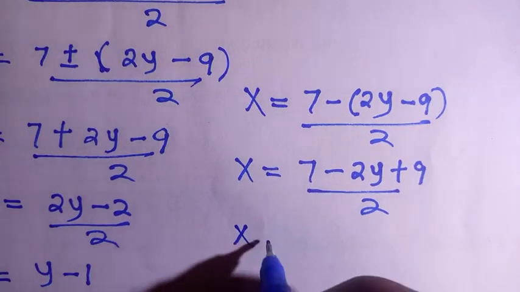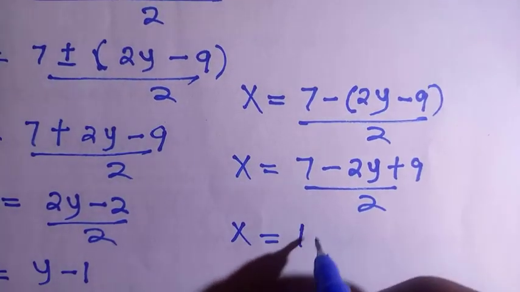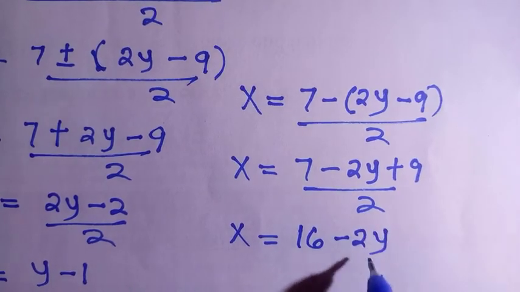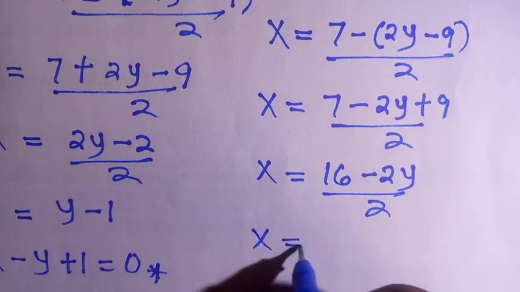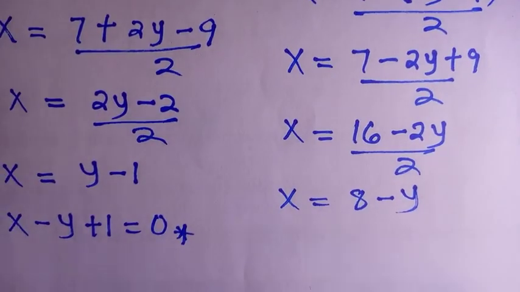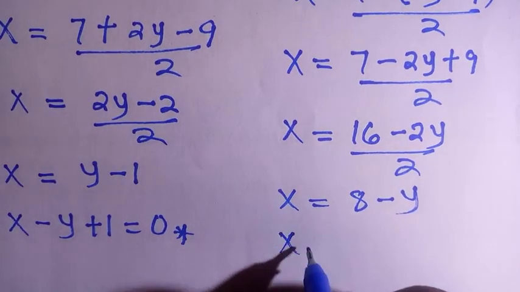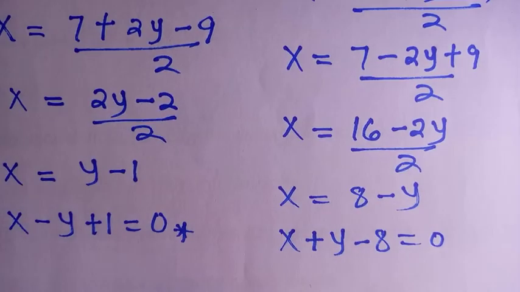So x equals 7 plus 9 here, which is 16 minus 2y, divided by 2. So x here equals, by factorizing again, 8 minus y, and taking 8 minus y to this side, x plus y minus 8 equal to 0.